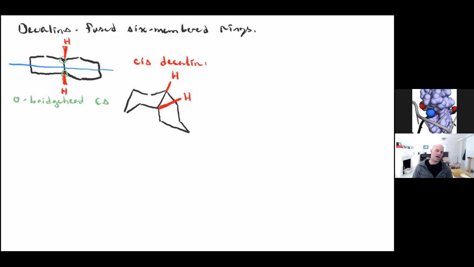Okay, so that is an example. That's the chair representation. It's not my best work, but that's the chair representation of cis Decalin. The key point is that this may look chiral, but through chair flips, it's rendered achiral. Even though you have this fusion, this molecule can still undergo a chair flip.